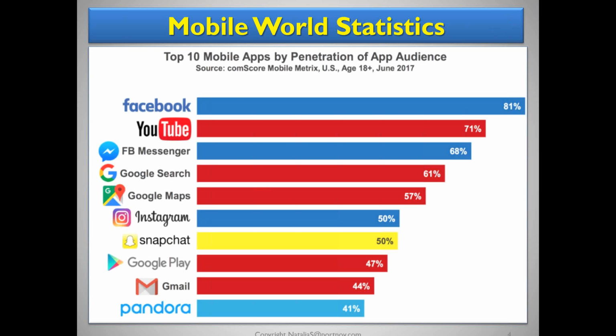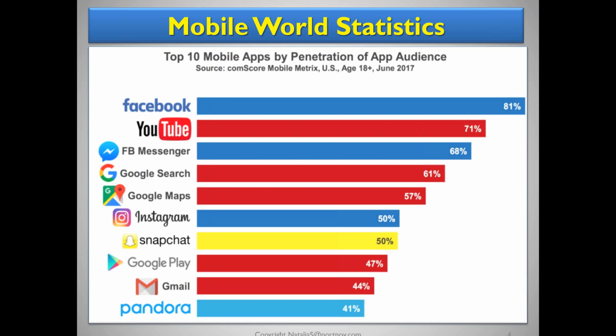So Facebook Messenger is integrated right now, and as I told you before, messengers are now a part of social media. So please consider that. Then Google search, Google Maps, Instagram, right? We have to absolutely show the world what we are eating before we even put it in our mouths.